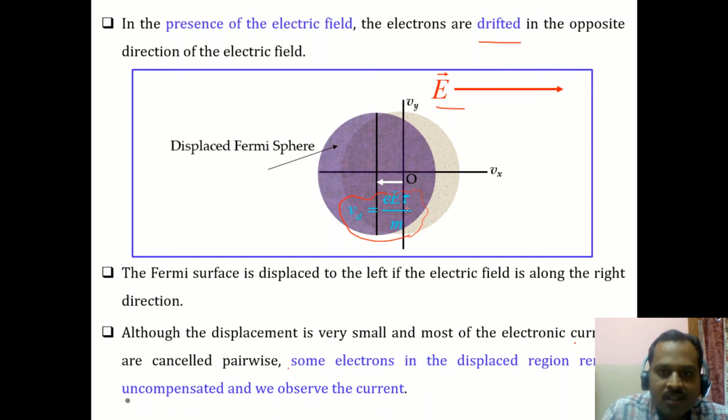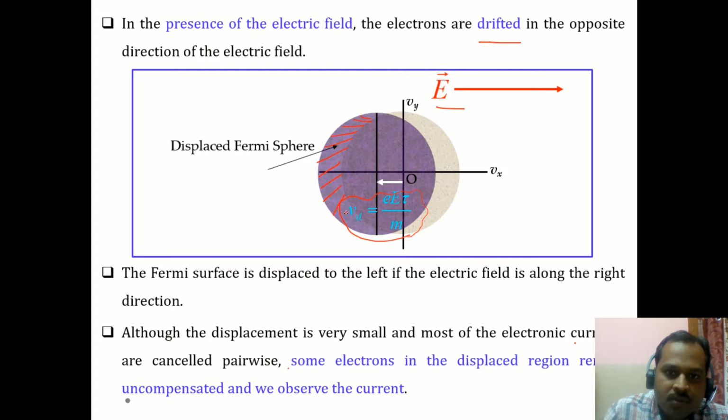It is E tau by m. So this is the velocity with which the Fermi surface is going to be displaced in a direction opposite to the direction of the electric field. Now let us have a close look at this displaced and the undisplaced Fermi sphere. We can find one region which is going out of this undisplaced sphere.